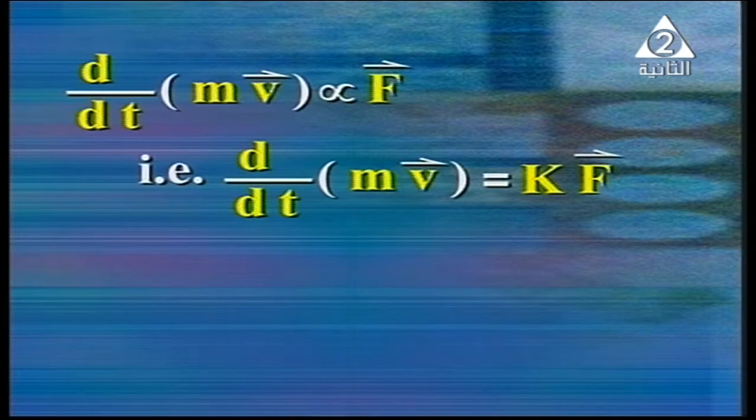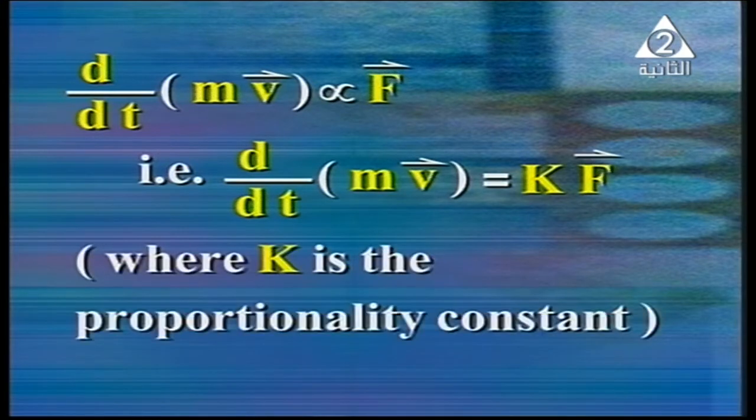Why? Because of the variation relation, we replace it with an equality using a constant k. Then d over dt of mv equals kF, where k is the proportionality constant.